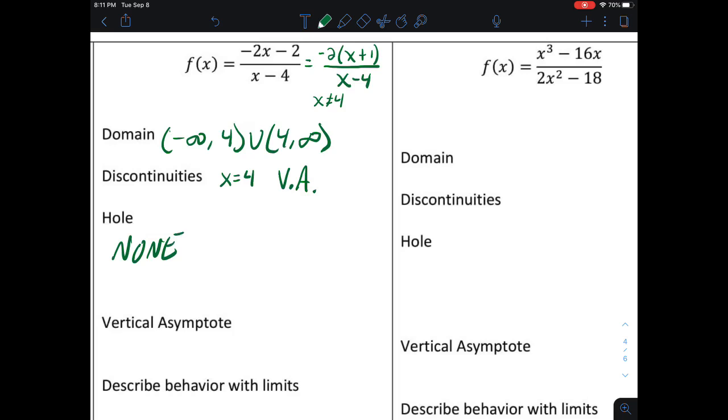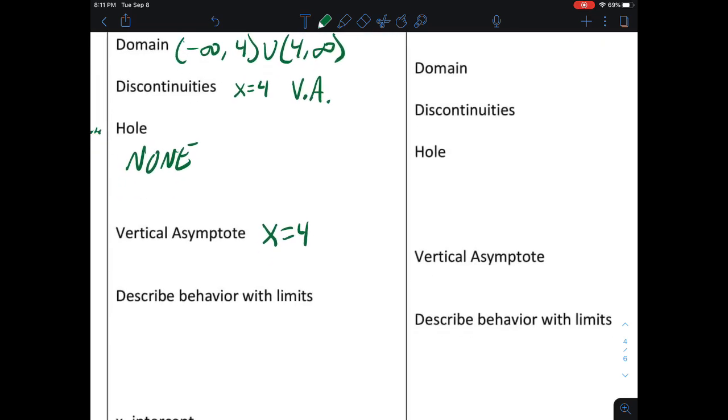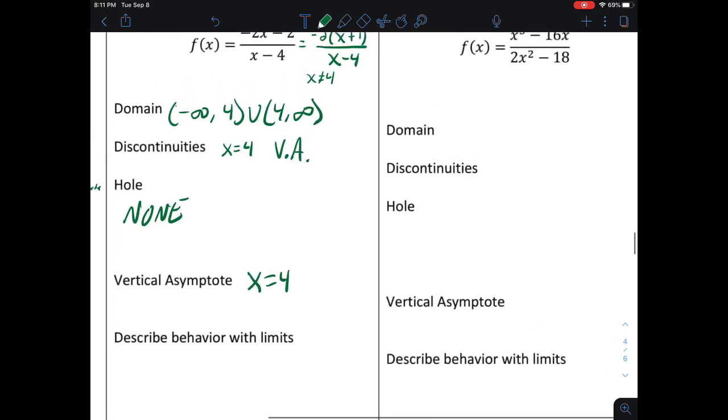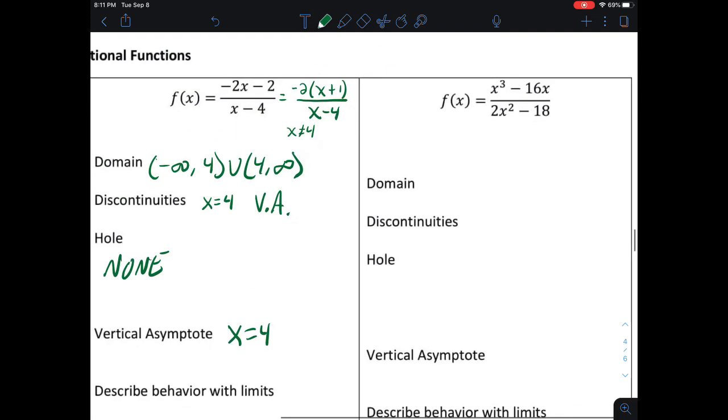So there are no holes. So x equals 4 is my vertical asymptote, and we're going to save the behavior around that vertical asymptote with limits. And we're going to find our intercepts. So for the intercepts, start with the x-intercept.